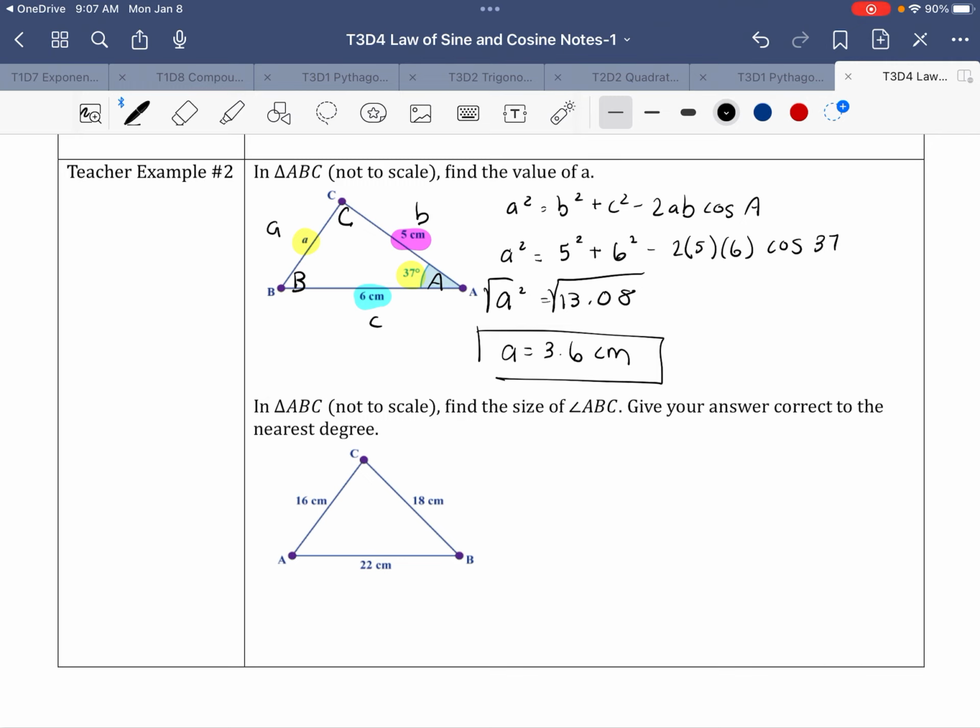And in triangle ABC below, find the size of angle ABC. So now we're looking for this angle here, right?